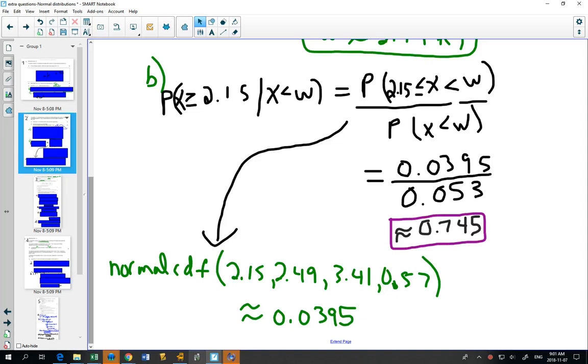If we put those values into our calculator, normal CDF of 2.15 to 2.49 gives us the chance of that baby being between 2.15 and 2.49, divided by the probability it is of low birth weight, which gives us 74.5% chance of this happening.